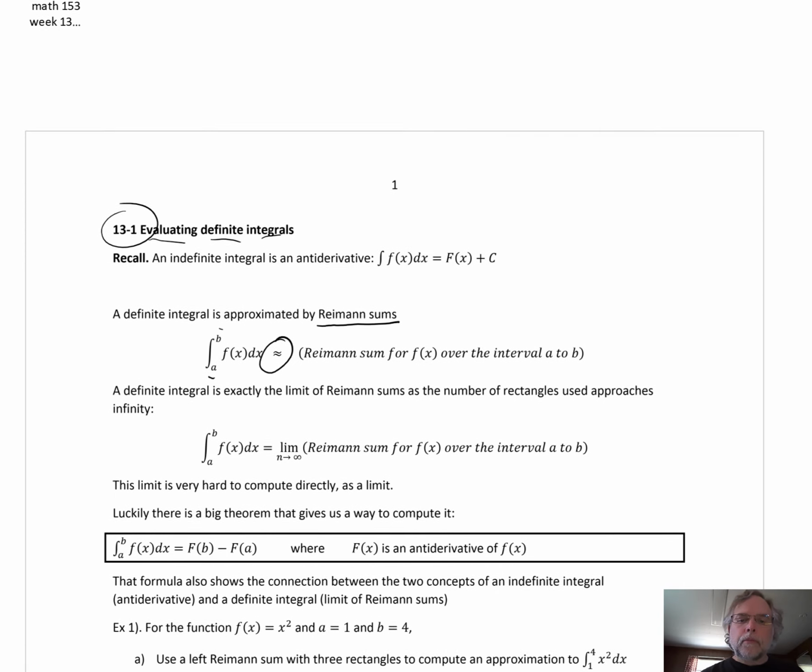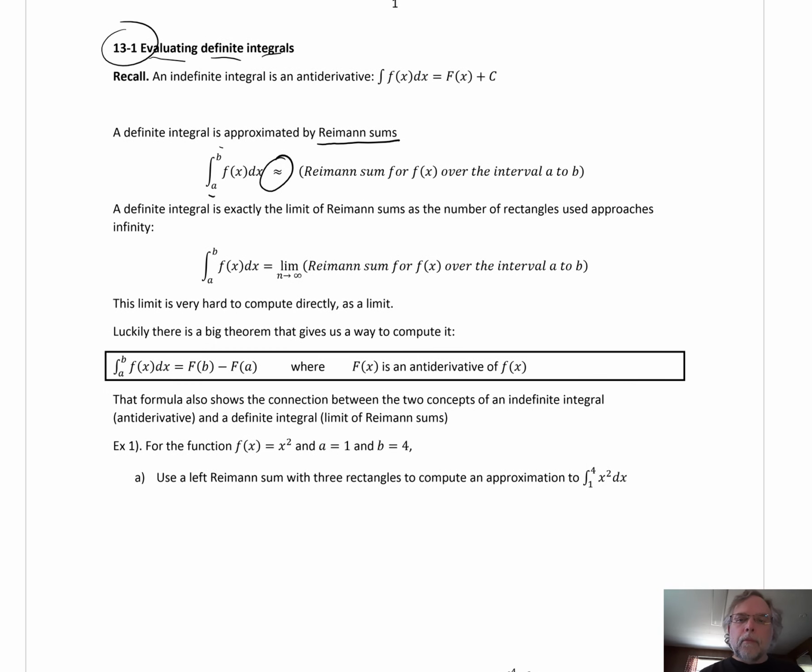So again, with the Riemann sum calculation, what we're doing is approximating a definite integral. And the more rectangles that we use, the better the approximation. And the way that we express that is this statement right here, which is the integral from a to b of f of x dx. This is actually the definition of what a definite integral is equal to.